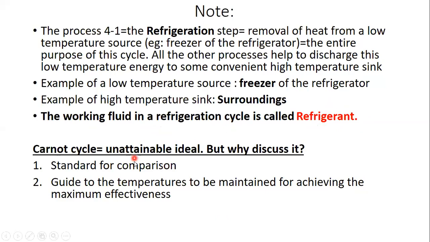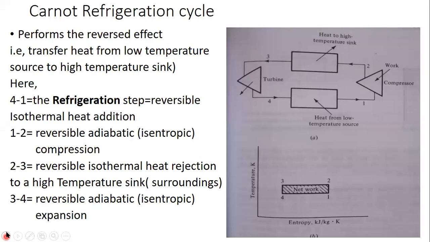So till now we were discussing the Carnot refrigeration cycle, or the Carnot cycle. What we know is that the Carnot cycle is an unattainable ideal. It is an ideal cycle only. It cannot be attained in a real life situation. What can be the reason for that?